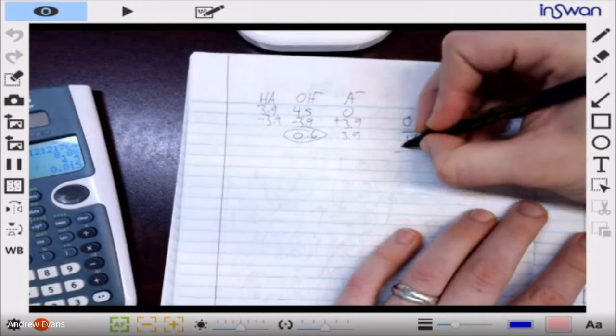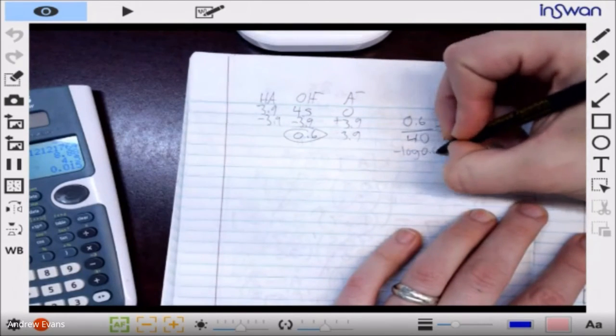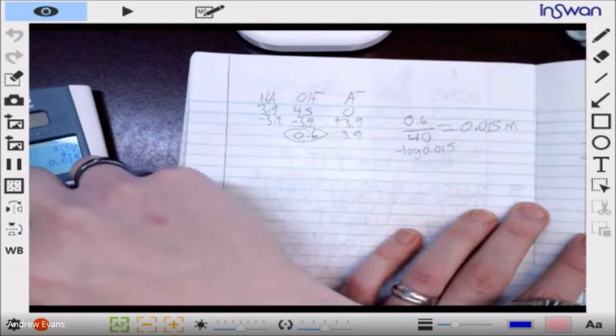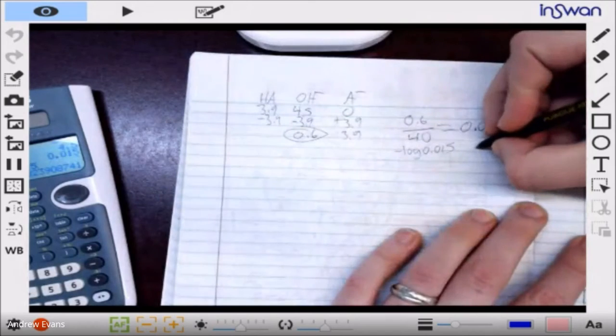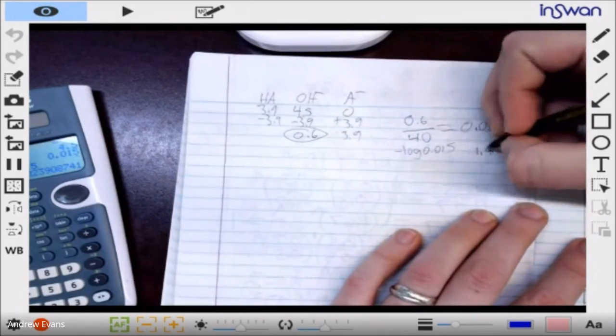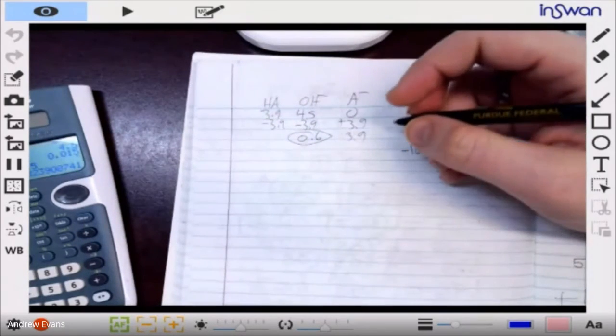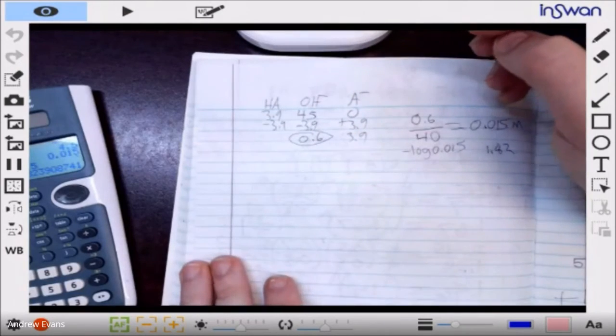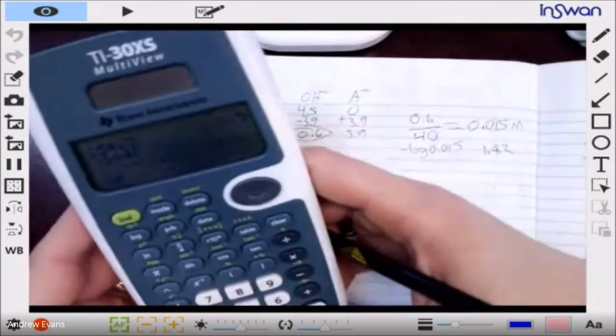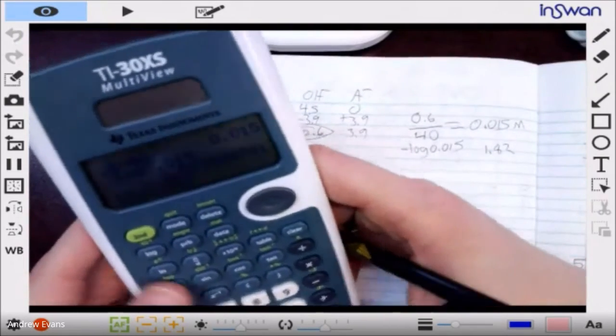The negative log of that was 1.82. And then 14 minus 1.82.